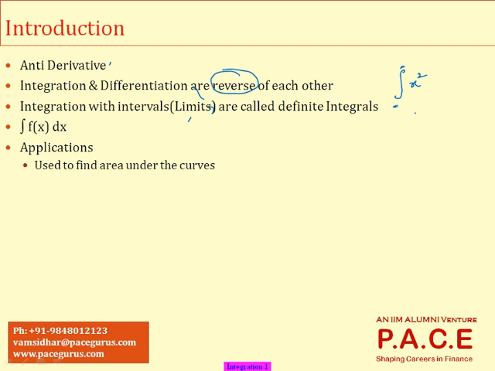When nothing is mentioned as a lower limit and upper limit in the integration, we call them indefinite integrals. Whereas when I see some numbers here, probably 3 to 4, as the lower limit and the upper limit, we call those kinds of integrals definite integrals, right?